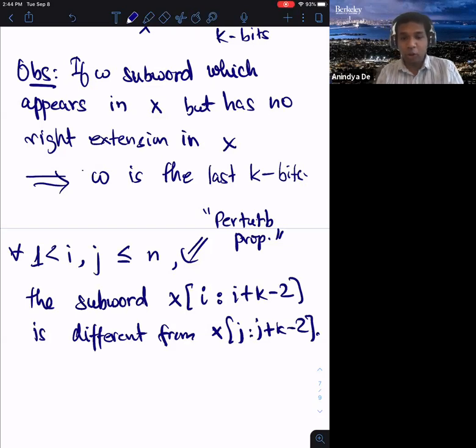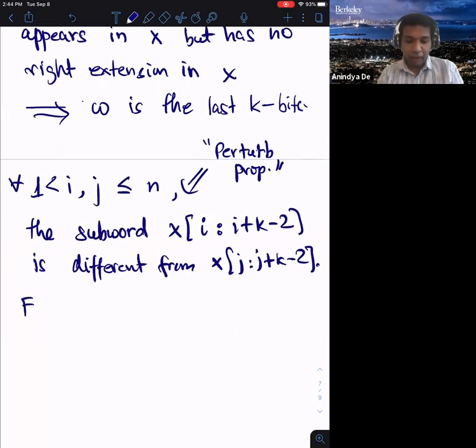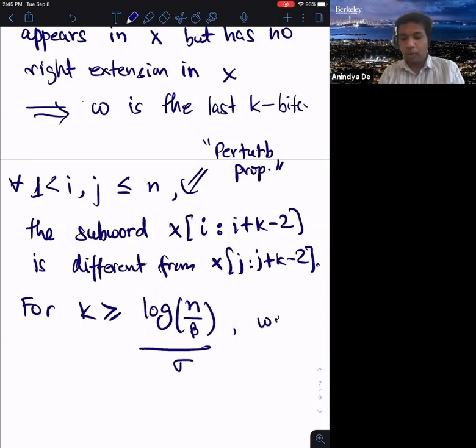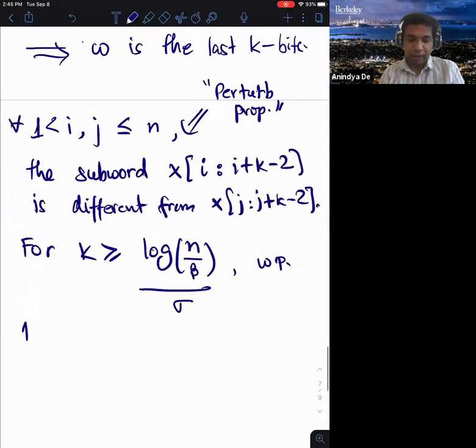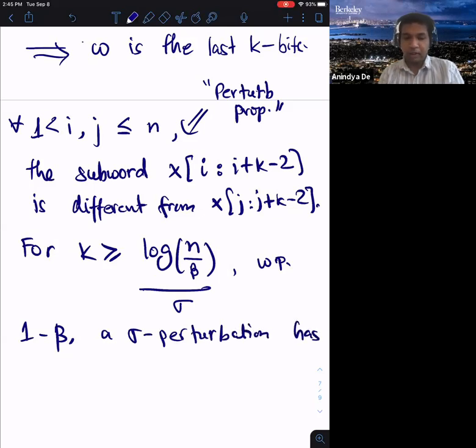And what you can show is that for k greater than or equal to log of n over beta sigma, with probability 1 minus beta, a sigma perturbation has the perturb property. Let me call this property P.